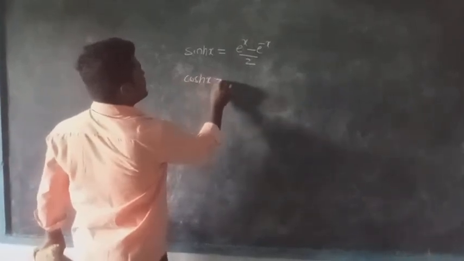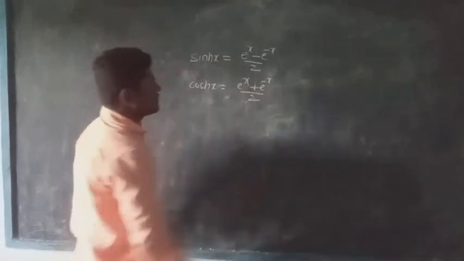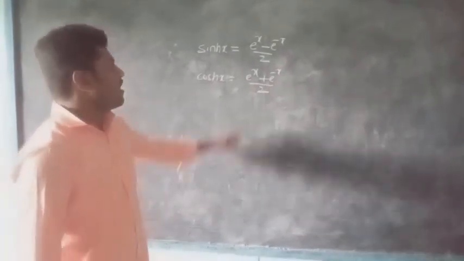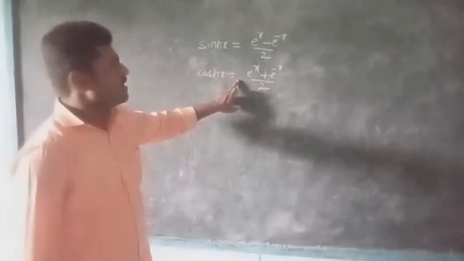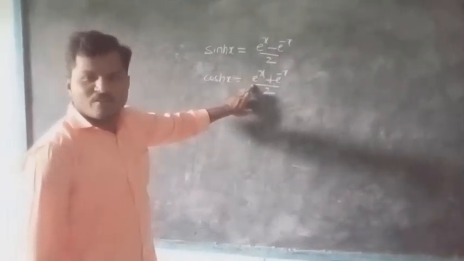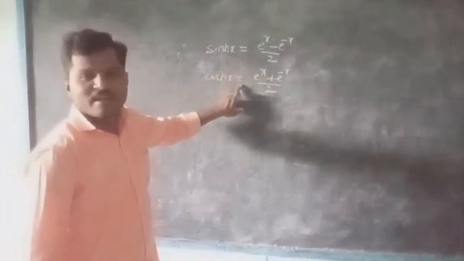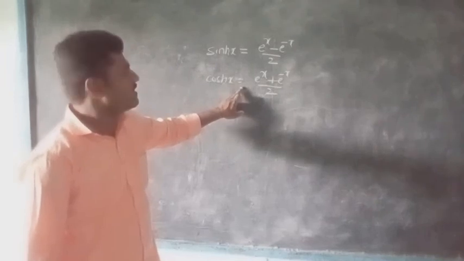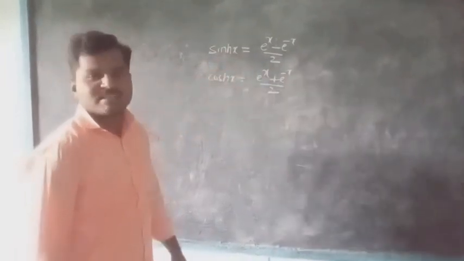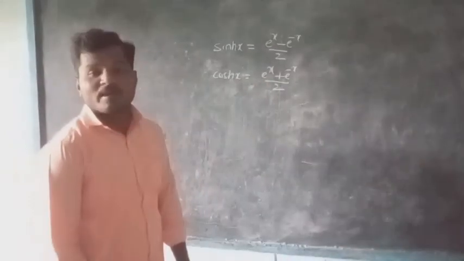Cos hx is equal to e power x plus e power minus x by 2. We already discussed how we obtain this. If you substitute these two values in the general form of hyperbola, we will get 1. These two satisfy the hyperbola equation, so we can take the hyperbolic sine function as e power x minus e power minus x by 2 and the hyperbolic cos function as e power x plus e power minus x by 2.